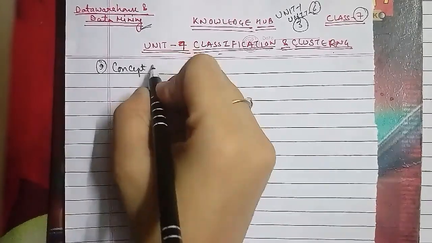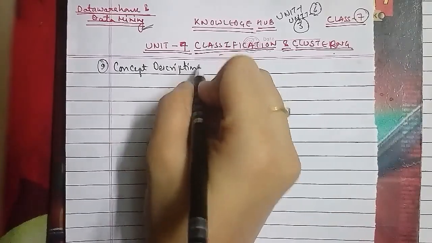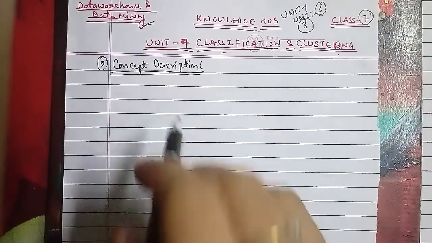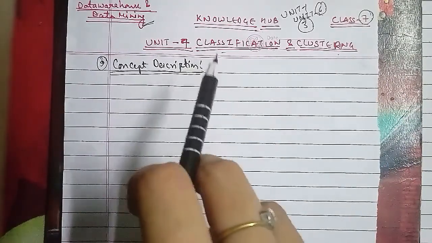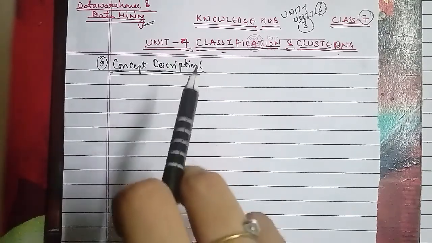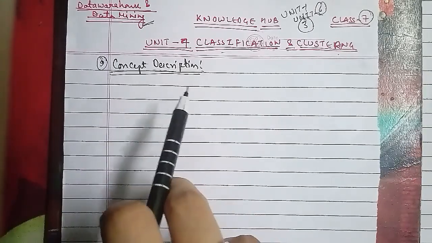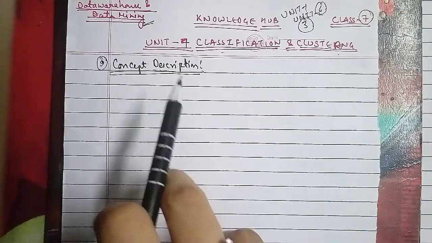In the concept description, talking about it, concept description is a descriptive kind of data mining, and it refers to collections of data such as affluent buyers and graduate students, etc. It provides a description for the characterization and comparison of the data, which is called class description, when the concept to be described refers to a class of objects.